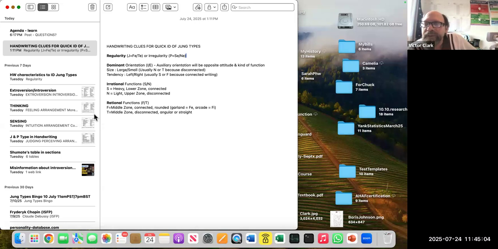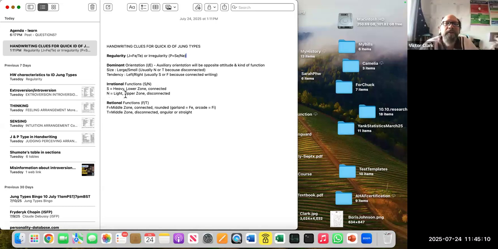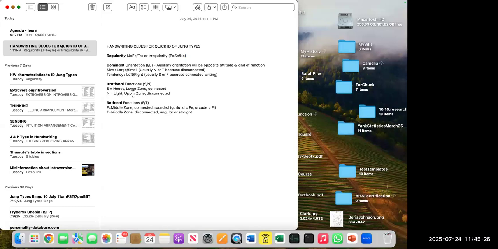Whereas the intuition, lighter writing, it's going to be upper zone emphasis or originality, primarily the originality of the upper zone. We'll look at a couple of these. And it's disconnected writing.